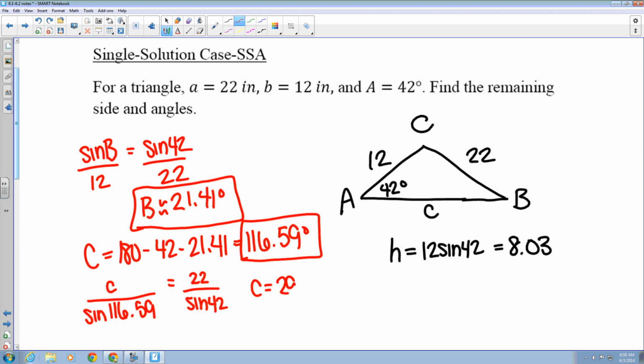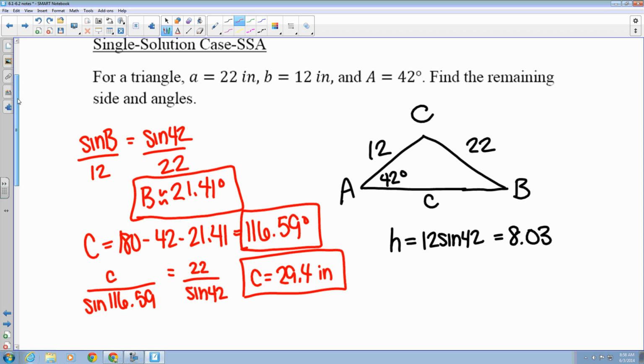Side c is about 29.4 inches. There's our three answers.